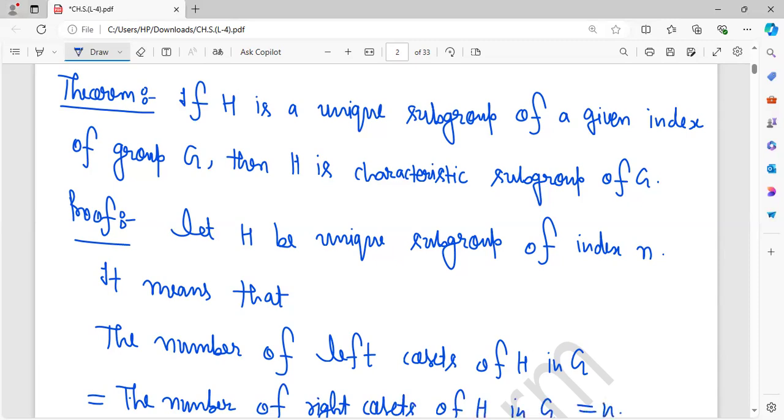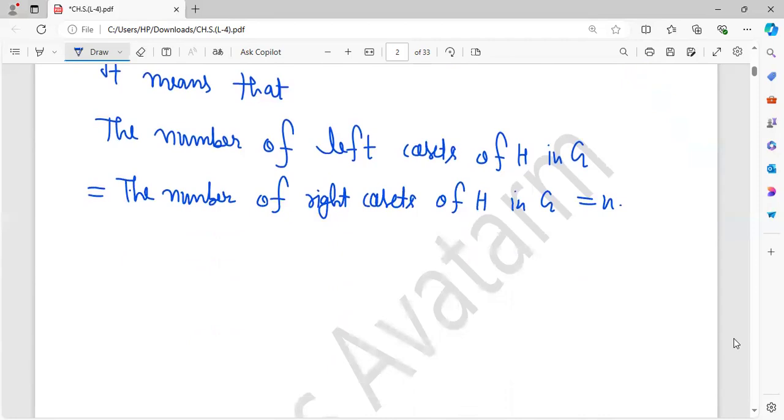The meaning of index is that the number of left cosets of H in G is n, and that is also equal to the number of right cosets. The numbers of left and right cosets are always equal. So I am taking the left cosets.